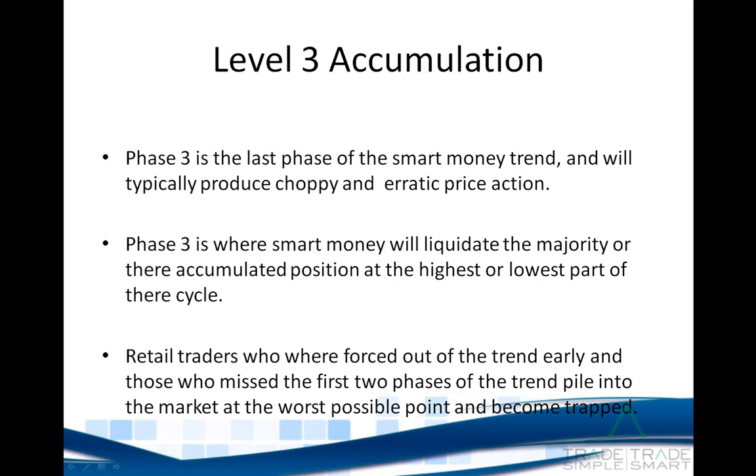So smart money are aware of this, and they will generally see an influx of orders into the market which will allow them to liquidate their position. And this process, as we have seen, will generally take place over the course of 2 to 3 days.